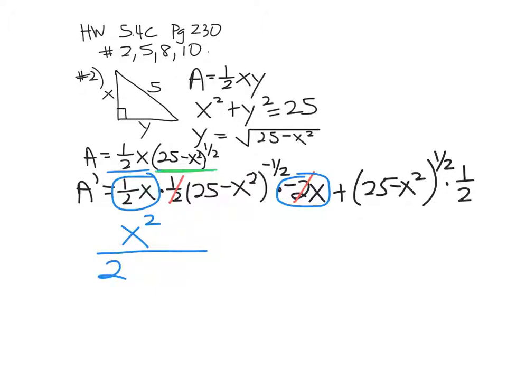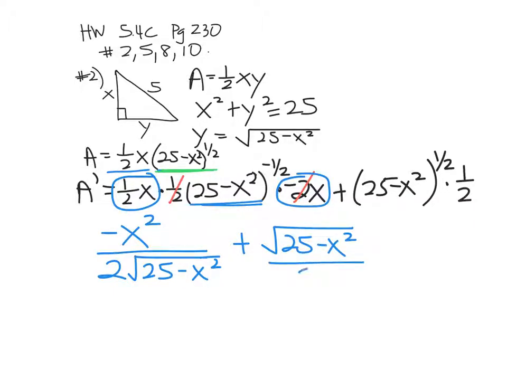And then this right here is 25 minus x squared to the negative 1/2, which becomes the square root of 25 minus x squared on the bottom. And you're probably screaming at me right now, and you're telling me you forgot the negative, and you're right. Okay, plus 1/2 the square root of 25 minus x squared. We're going to set this equal to 0 and solve.